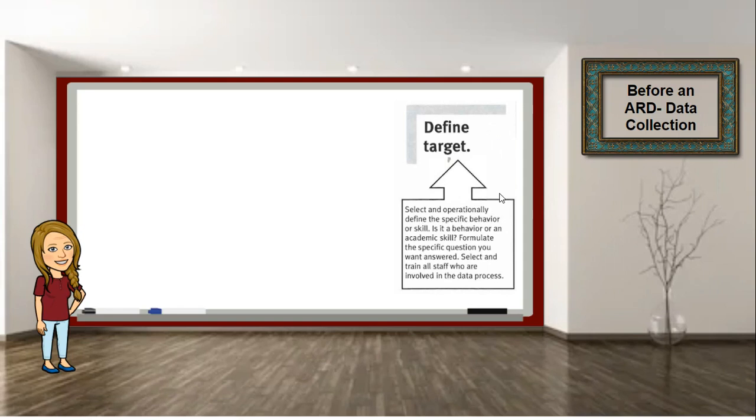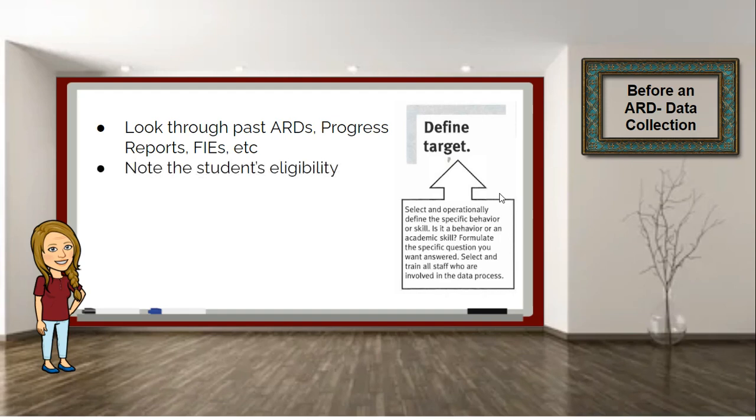You want to start by defining the target. This means you want to identify the students' strengths and weaknesses. To do this, you should put your detective hat on and begin diving through past paperwork, such as past ARDs, past progress reports, past evaluations, etc. You will note the students' eligibility and make sure to keep that in mind throughout the process.